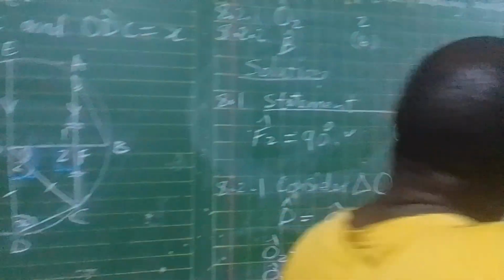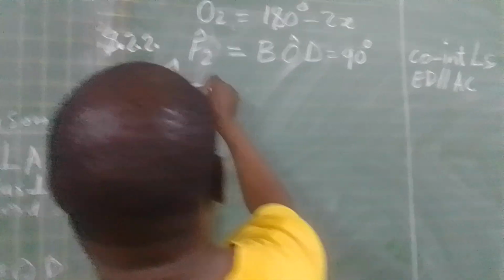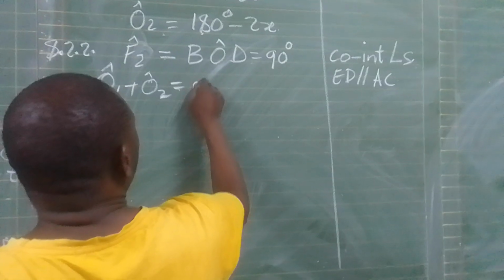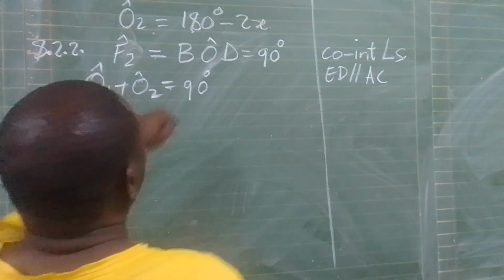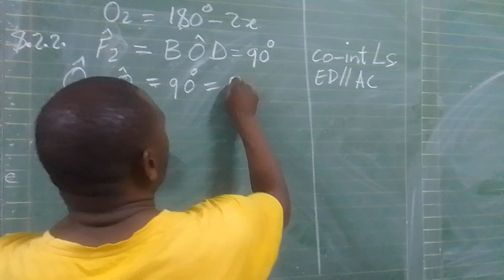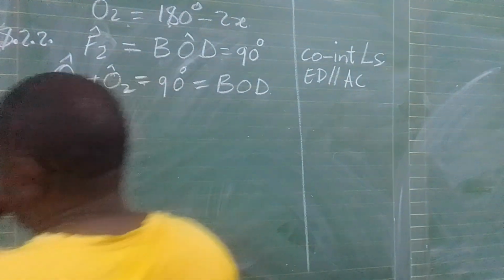Then we can come and say O1 plus O2 is equal to 90 degrees. O1 and O2 is BOD, by the way. This is BOD. Come, let's check with me.